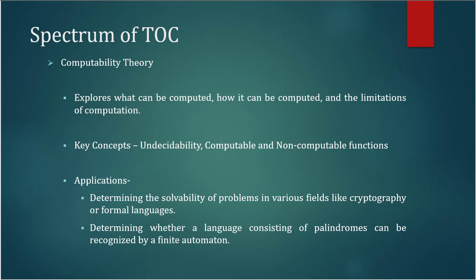The applications of this branch include determining the solvability of problems in various fields like cryptography, where we can check whether a text can be encrypted or not. Another application includes finding whether a language consisting of palindromes can be recognized by the simplest model of computation called a finite automata, or whether we need any additional resources for doing the task.